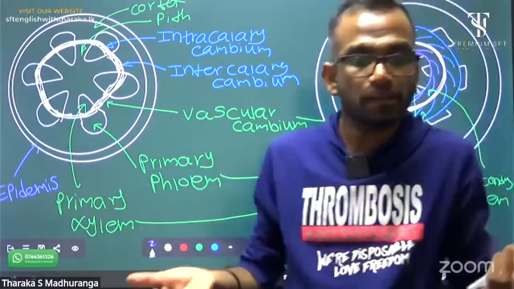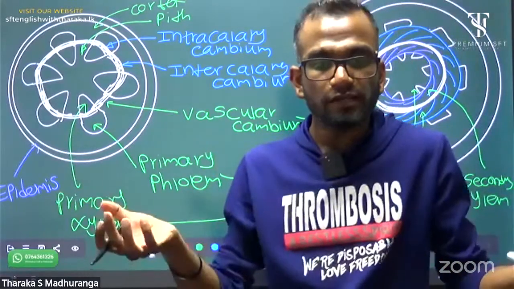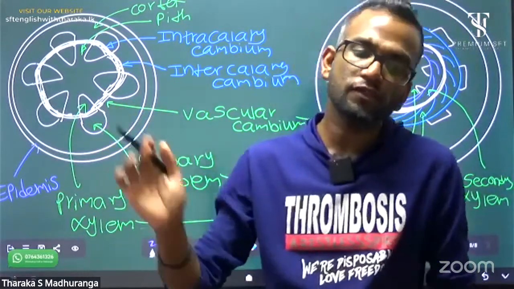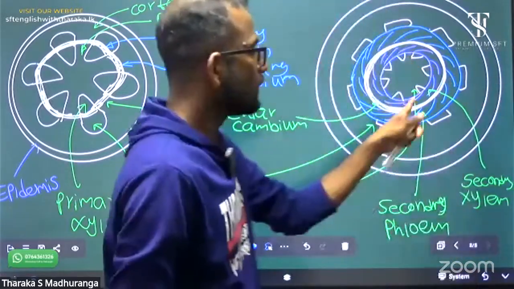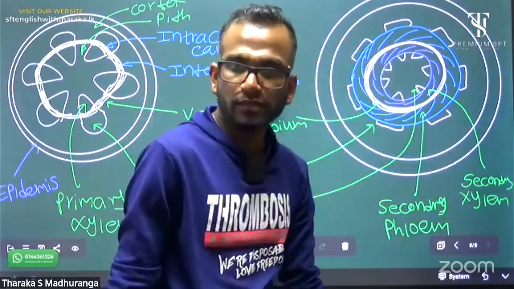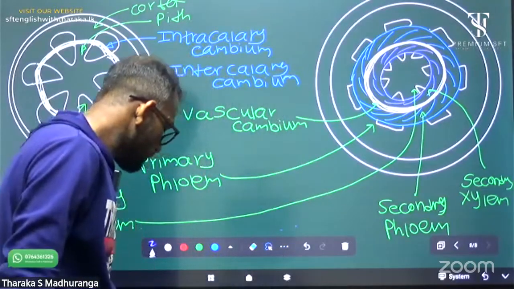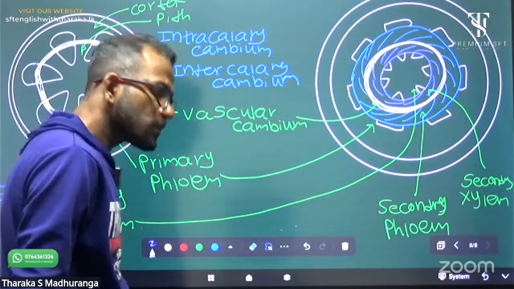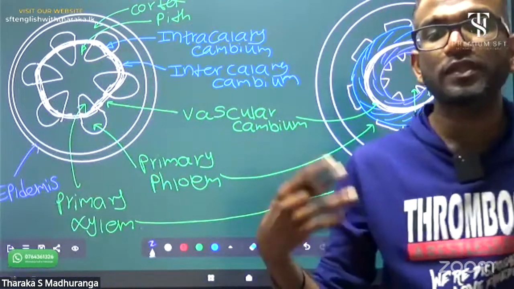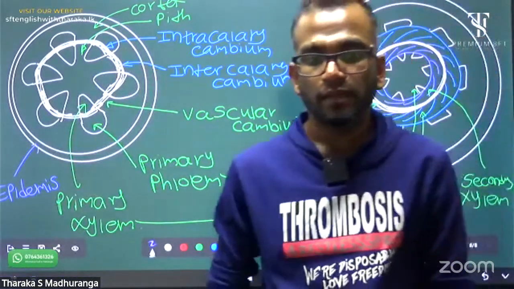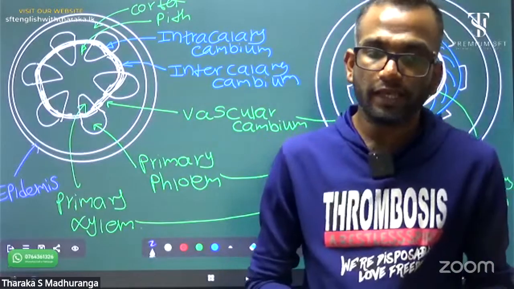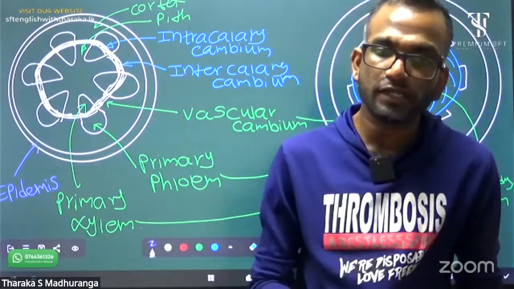It has to expand when the thickness increases, so what happens to the epidermis? The epidermis will break down. Now the plant has a problem. Why? The epidermis is a protection layer. Now the plant doesn't have a protection layer.